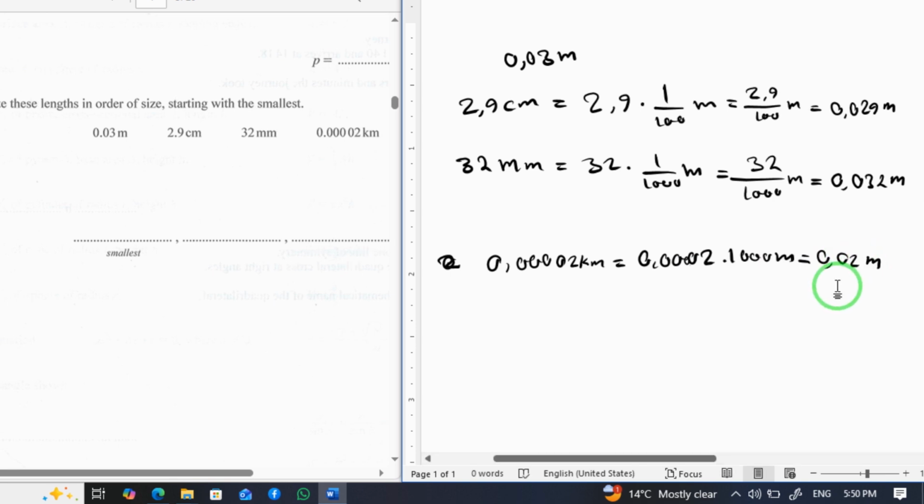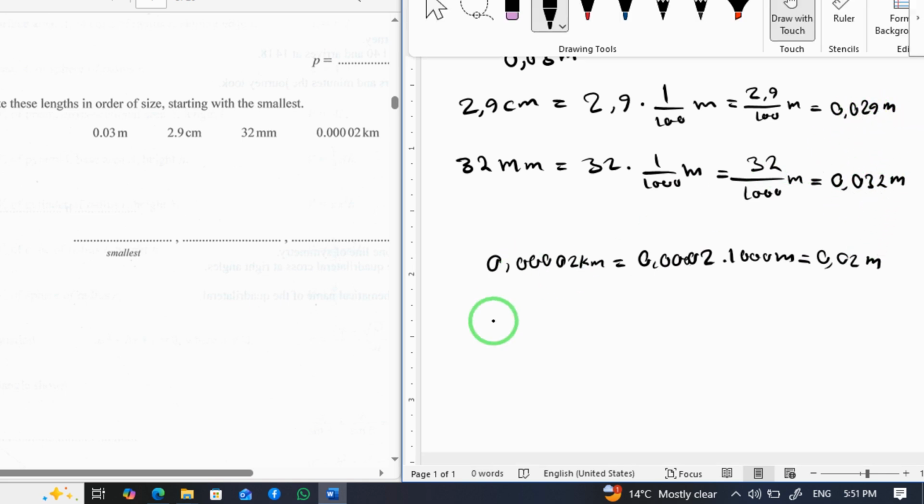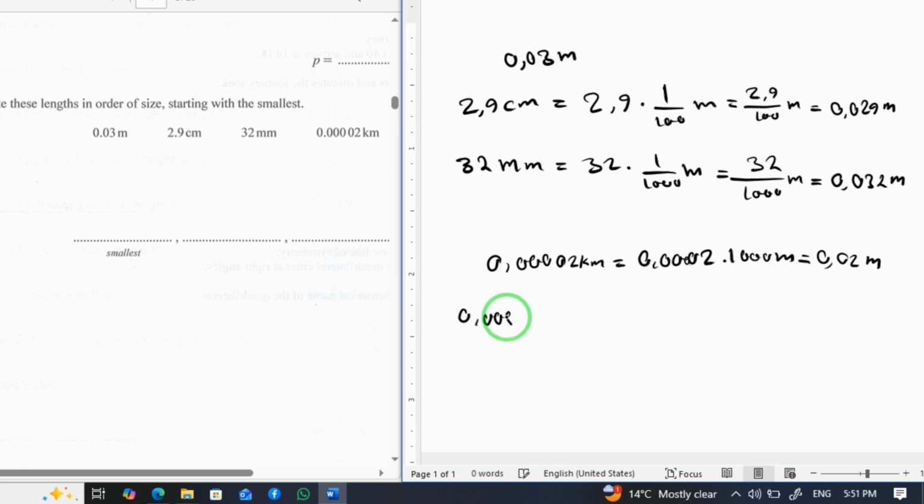Now we arrange which one is smallest. All of them are in meters, the same unit. Which one is the smallest one? So the smallest one is this, actually the kilometer, 0.000402 kilometer. This is the smallest one.